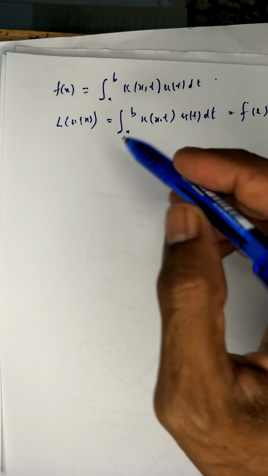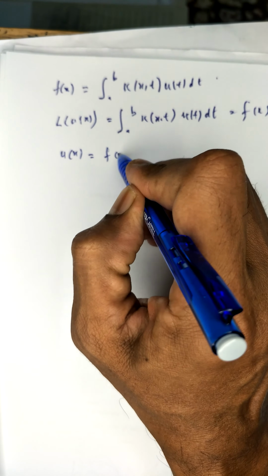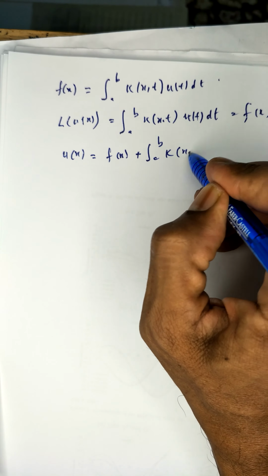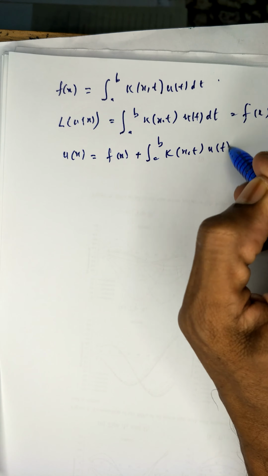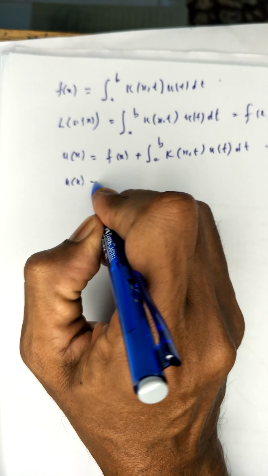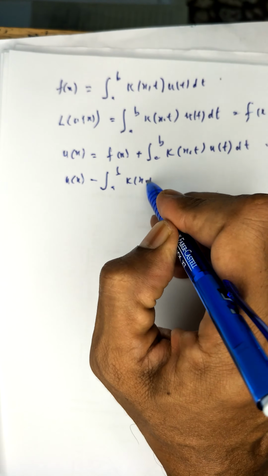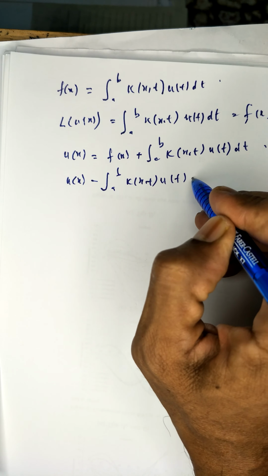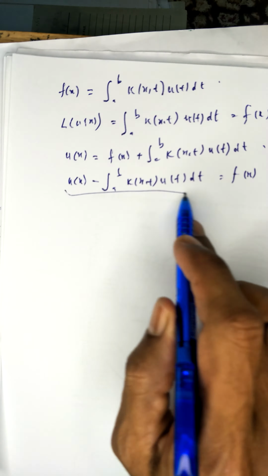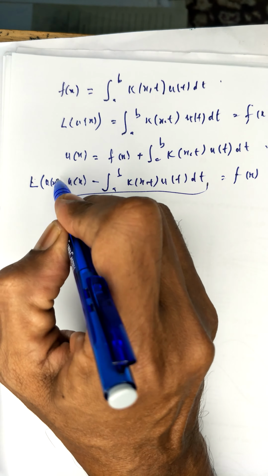For the second example, we have u(x) equal to f(x) plus the integral from a to b of k(x,t) u(t) dt. You can write this as u(x) minus the integral from a to b of k(x,t) u(t) dt equal to f(x). On the left side here, we can define this as an integral operator.